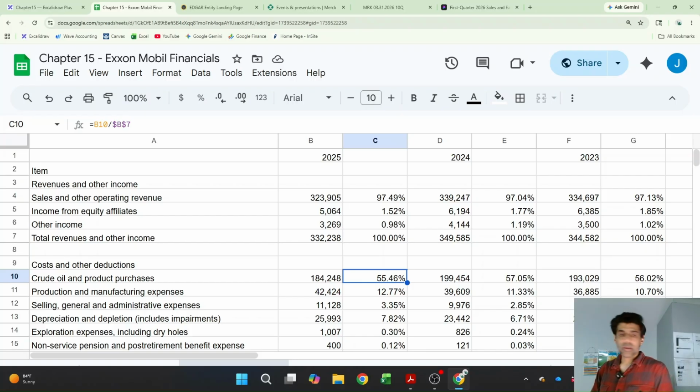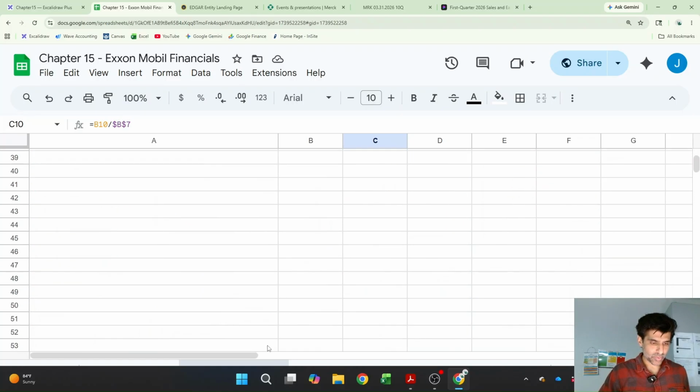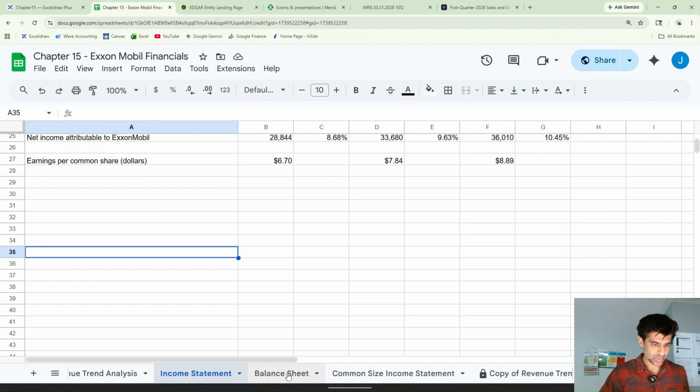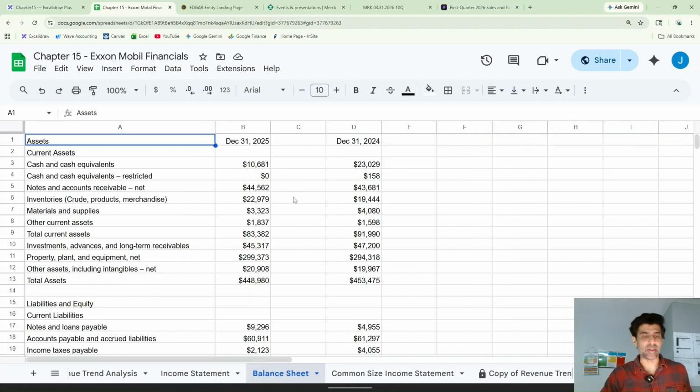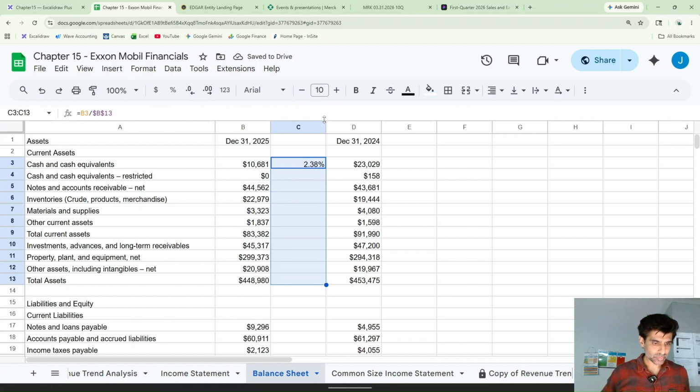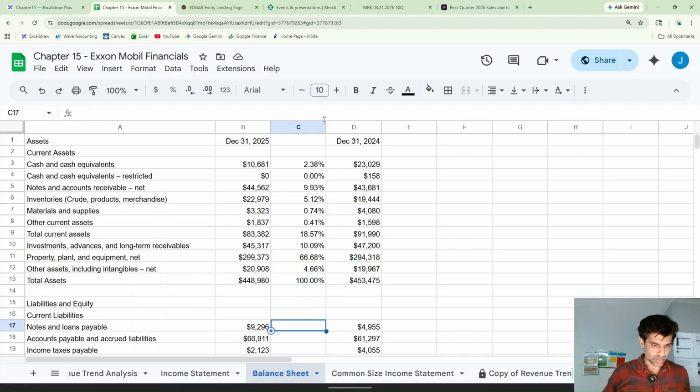Okay, what else do we have to say about this? The balance sheet, you can do the same thing. The basis on the balance sheet is going to be total assets. So I just take this divided by total assets, make this a percent, and then this divided by total assets.